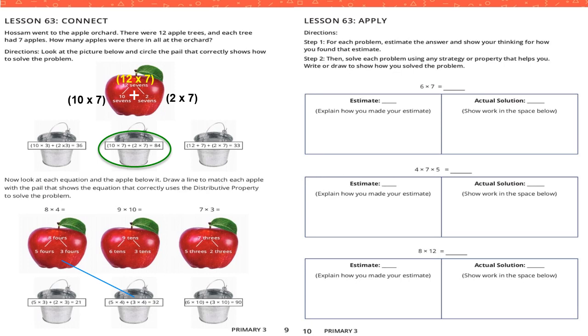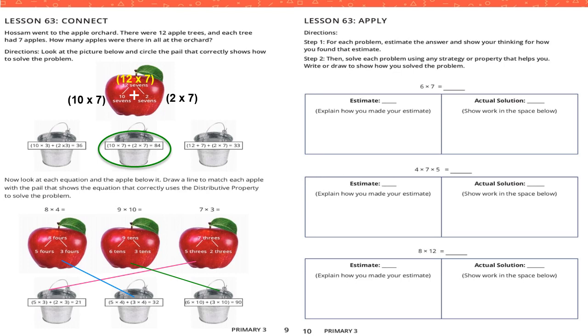Which one is correct? 6 times 10 and 3 times 10. Yes, this. The last one, we have 7 times 3. It means 7 threes. He distributed 7 threes into 5 threes and 2 threes. So, which equation gives me 5 times 3 plus 2 times 3? Yes, this.